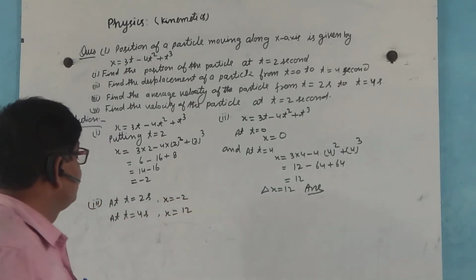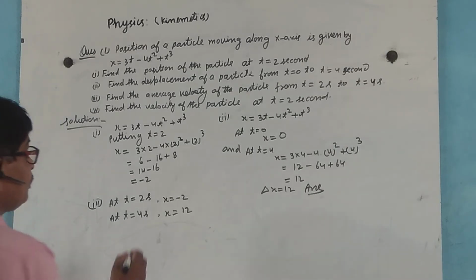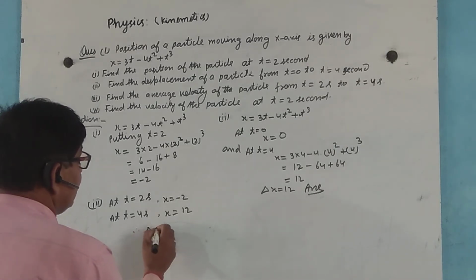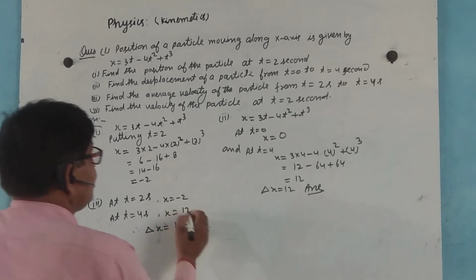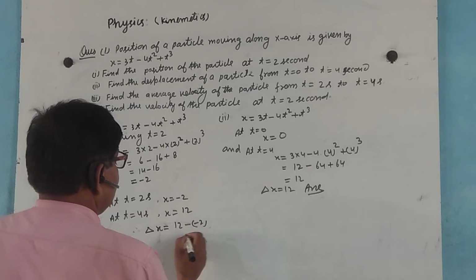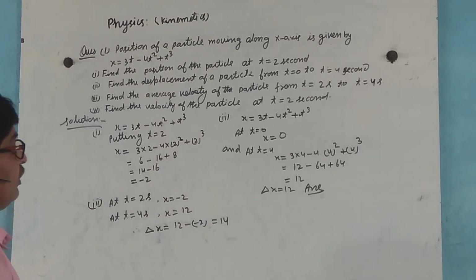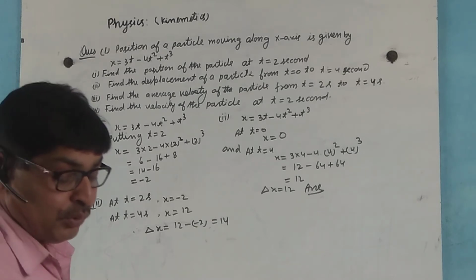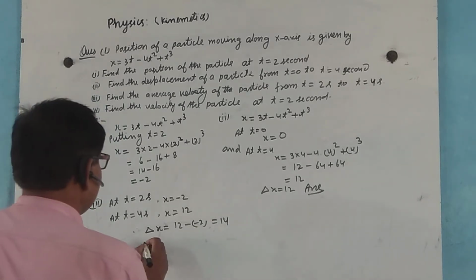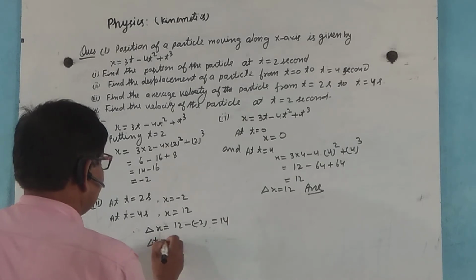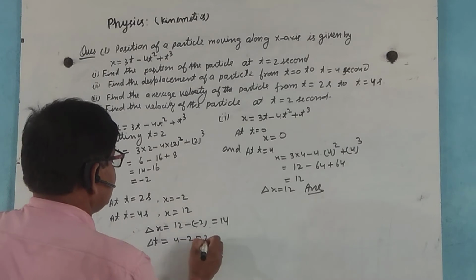Here x is equal to 12, so that delta x is equal to 12 minus 2, that is equal to 14, and delta t is equal to 4 minus 2, this is 2.